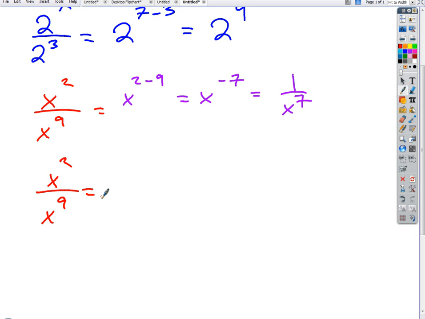Because 9 is bigger than 2, we put a 1 on top, because the x is now on the bottom. I get x to the 9 minus 2 on the bottom, which is 1 over x to the 7th, in just one step instead of that extra step. So once again, when you're dividing like bases, you always just ask yourself, where does the base have the most power? That's where it stays, and you subtract the other exponent from that one. Okay?